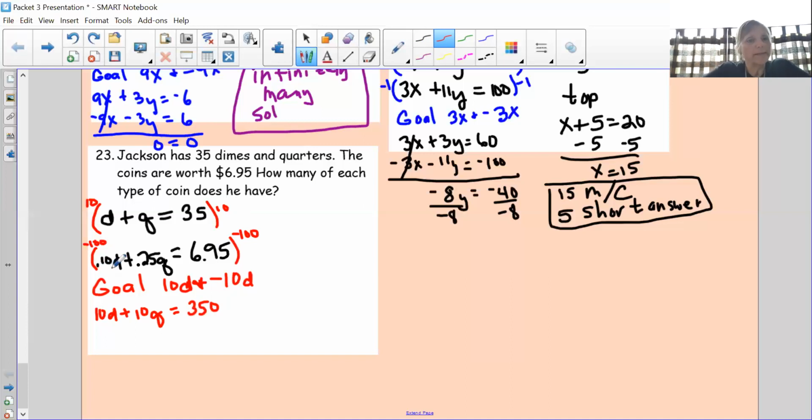So it moves 2 places. So I have 10, and then if I change the sign, I have negative 10D. Okay, if I move the decimal twice here, I'm going to have minus 25Q. And then if I move the decimal twice here by the 100, I have negative 695.